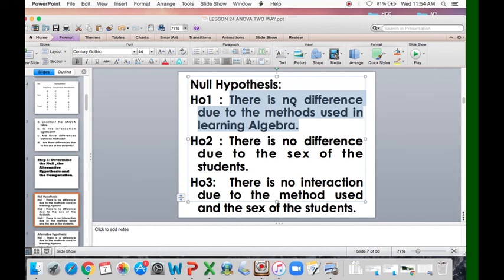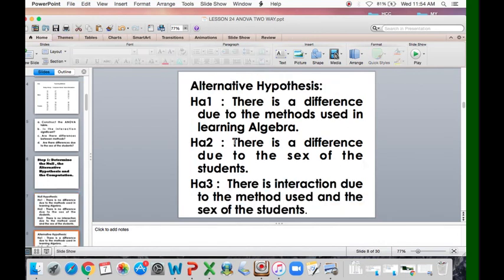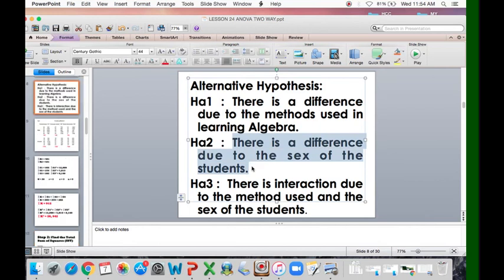For the first conclusion, we accept HO1. So the conclusion is there's no difference due to the methods used in learning algebra. For conclusion number 3, there is no interaction because we accept HO. For conclusion number 2, we accept HA2, that there is a significant difference between the sexes.